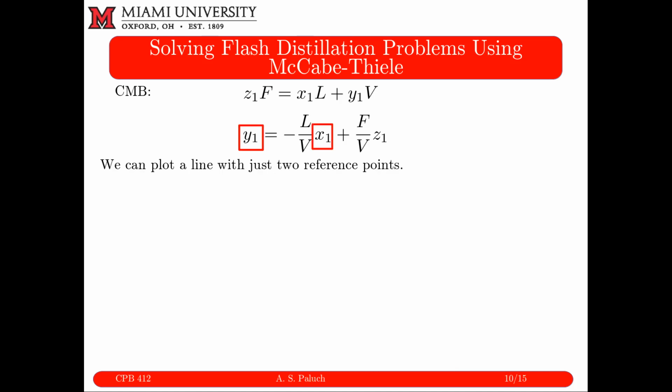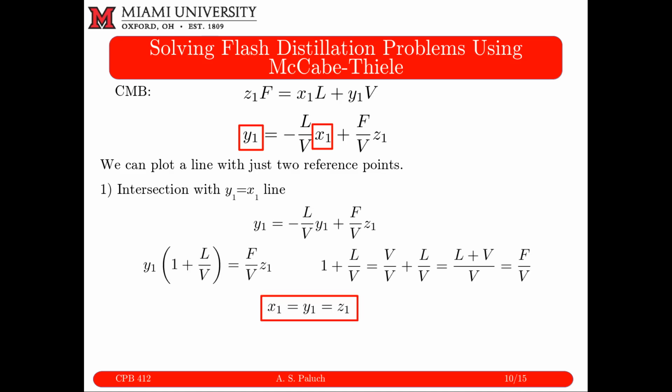The essentially always most convenient reference point is where this line, my component mass balance, intersects that y equals x reference line that I drew. What I find is that where my component mass balance crosses my y equals x line is when y equals x is equal to z.